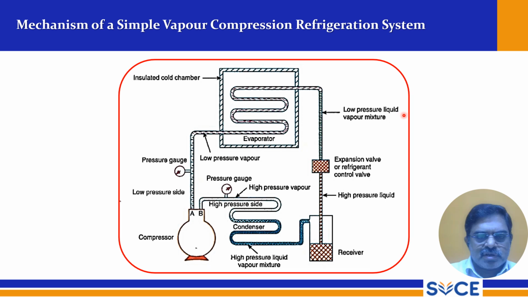This low pressure liquid vapor mixture goes through the pipes inside the evaporator, and it takes the heat from the substances in the refrigeration space. Now it comes to the compressor again with low pressure, and now this turns into the gaseous form, or whatever form the refrigerant is in.